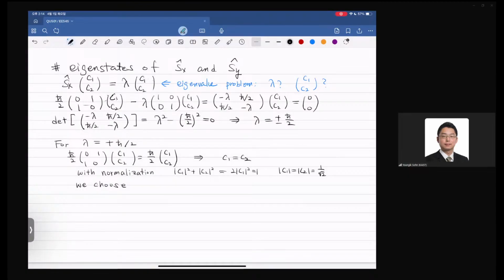Let's choose a specific solution for now. C1, C2. So we have this simple solution. And then in general, you can also put some global phase like this. So this kind of expression is called a global phase. Okay, global phase.